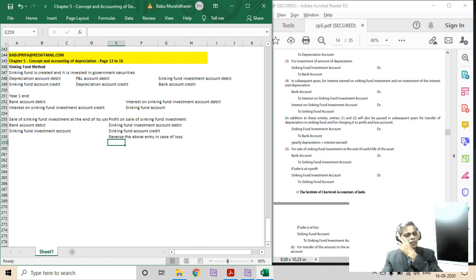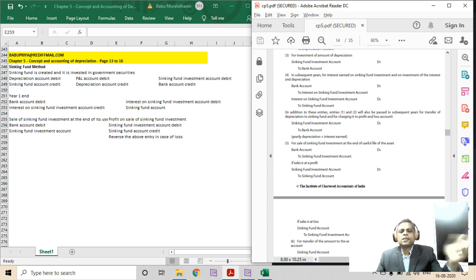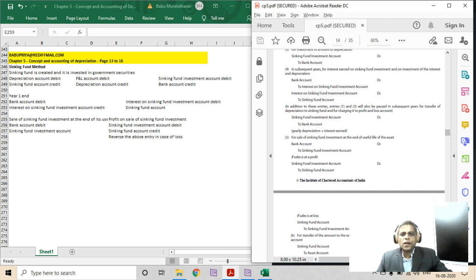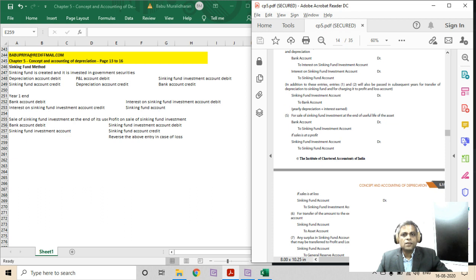See why the annuity method and the sinking fund account come into place: because it considers the present value of money. It assumes that the current investment will not be sufficient for future investment.